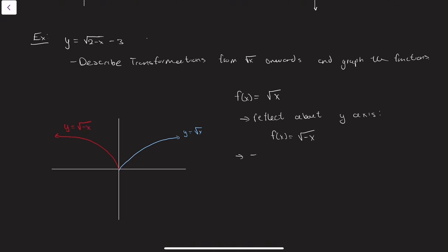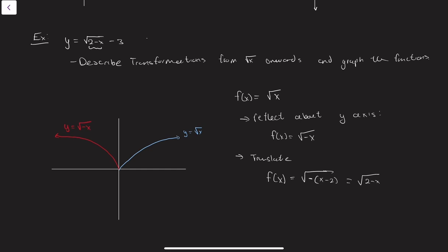Then we need to translate. And to incorporate this 2 minus x into the term, we're going to translate the function either left or right. And to do so, let's plug in x minus 2 into the negative x. Because if we do that, we see that we get root of 2 minus x.